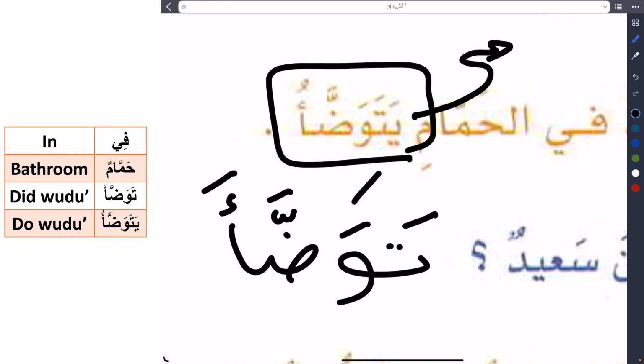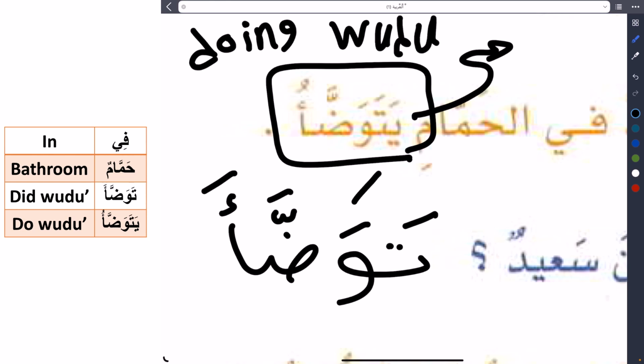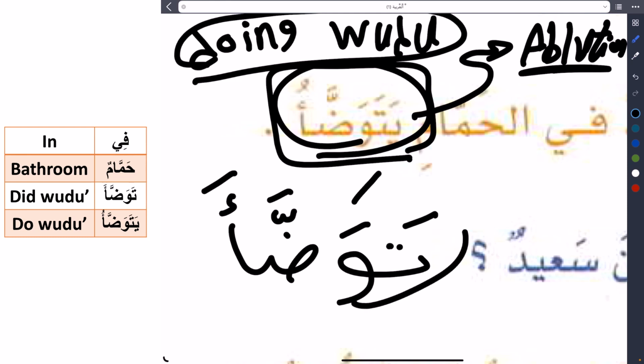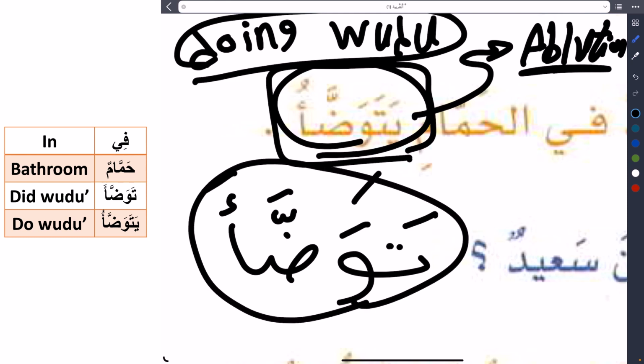Yatawadda'u means someone is doing wudu. You know wudu? Wudu is ablution. It's a religious washing. So, doing wudu, present, yatawadda'u. And did wudu, past, is tawadda'a.